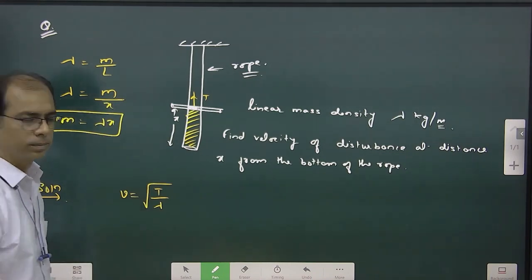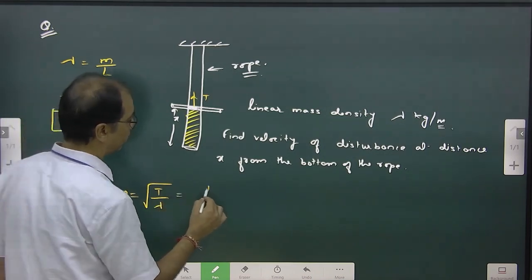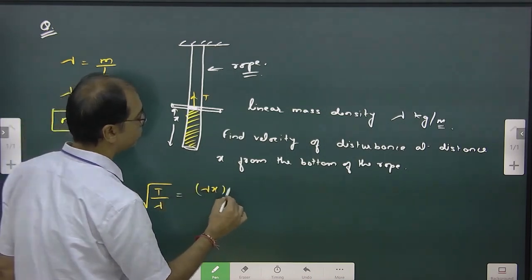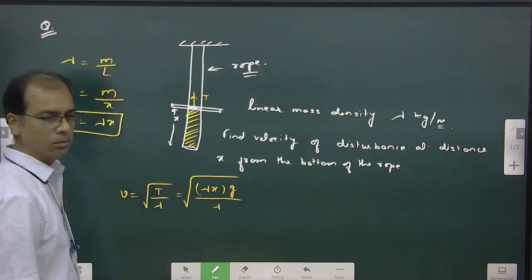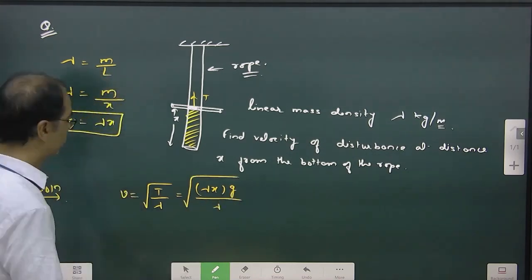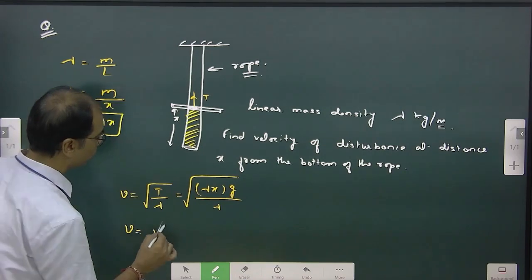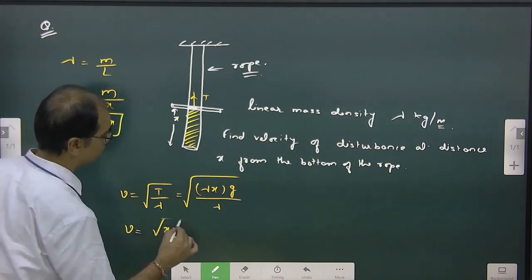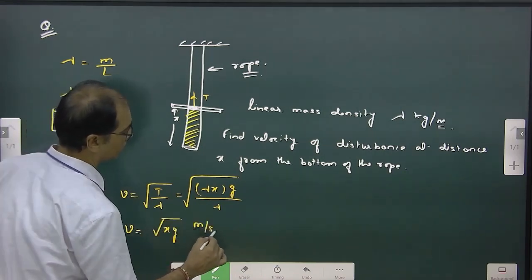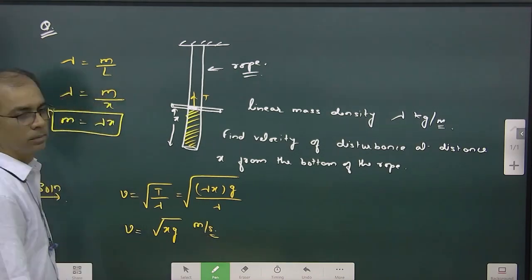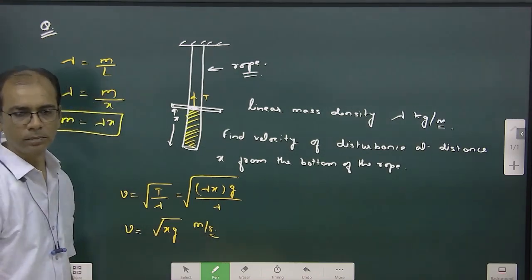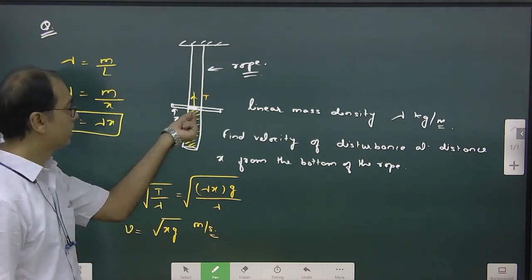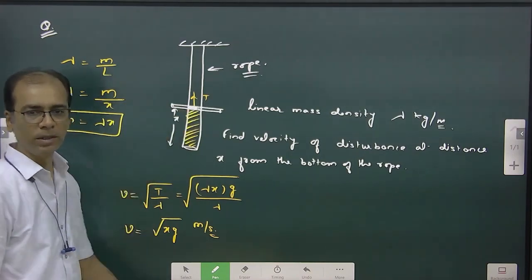Put it over here. So this is lambda x, that's the mass, into g, by lambda. So v equals what? v is root over xg meter per second. Done? Over. Velocity at this point is root xg.